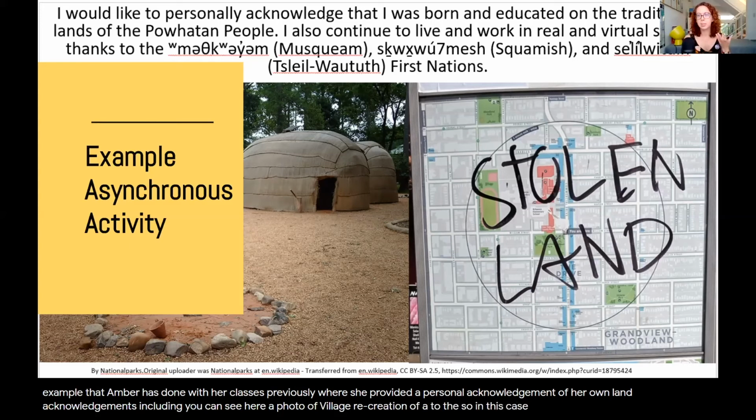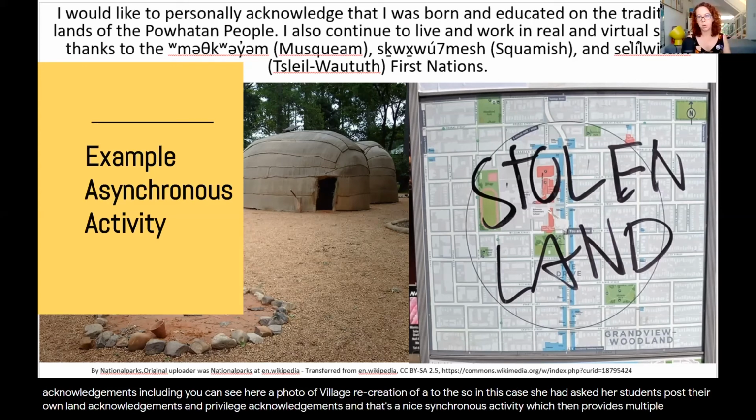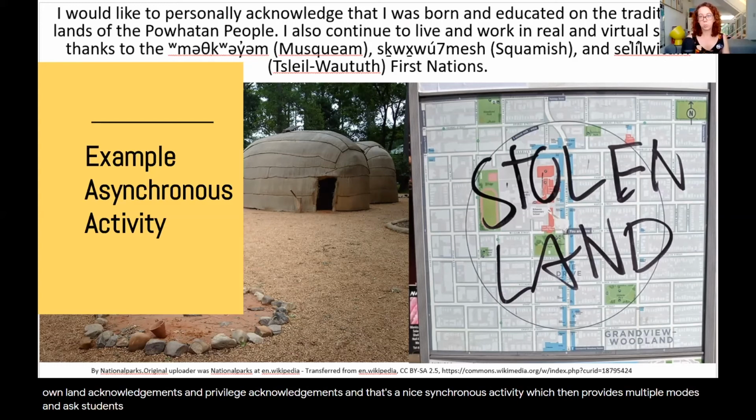So in this case, she had her students post their own land acknowledgements and privilege acknowledgements, and that's an asynchronous activity which then provides multiple modes and asks students to potentially provide multiple modes at the same time. I'm going to turn off the caption now.